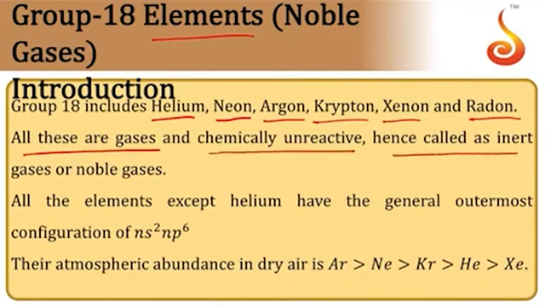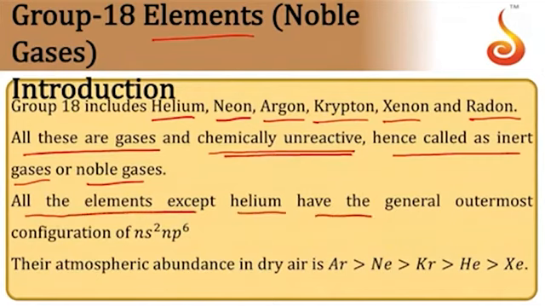Hence they are called inert gases or noble gases. All the elements except helium have the general outermost configuration ns2np6. Helium has the 1s2 configuration.